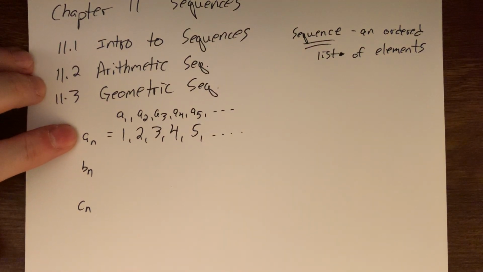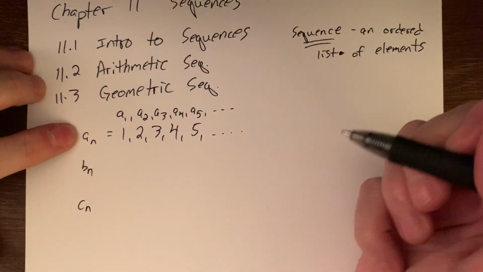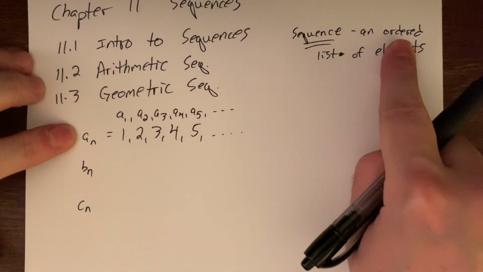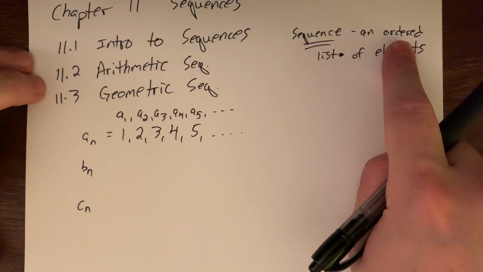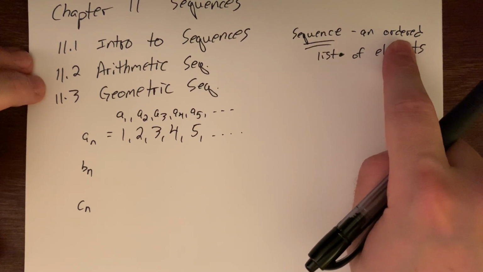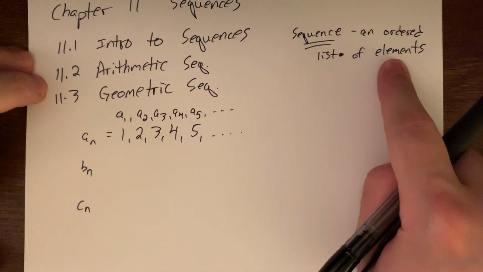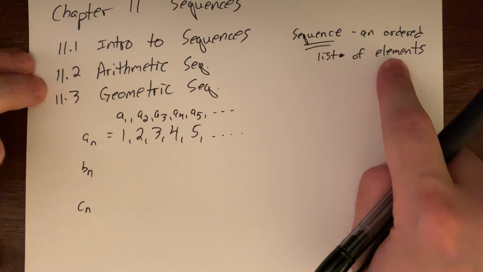So I could keep that idea, and this is just a coincidence that the subscript happens to match the number. But I'm trying to point again to the fact that this is ordered, that we should be able to look at a sequence and say, what is the fourth number in that sequence? Again, technically fourth element, but again, the fourth number. What is the first number? What is the 10th number? What is the 1022nd number?